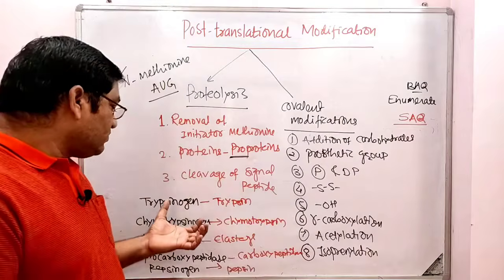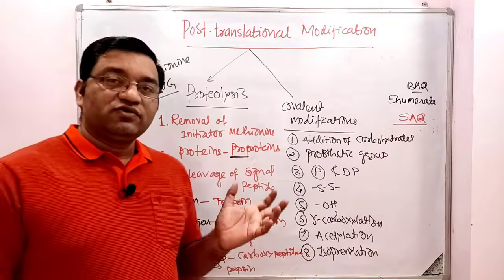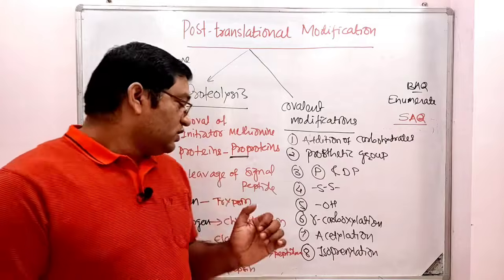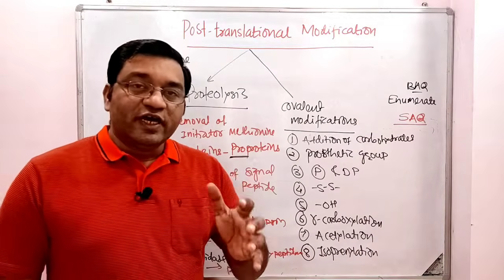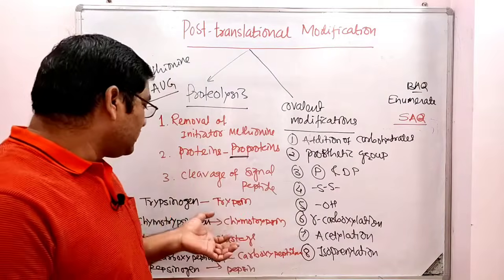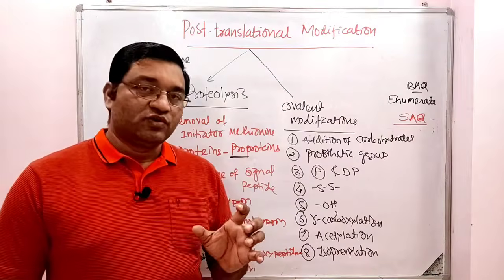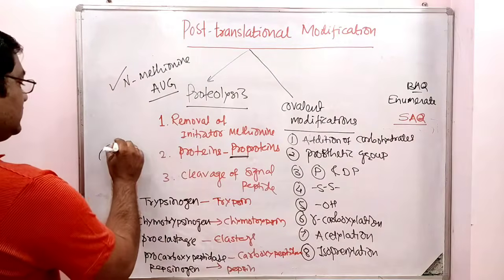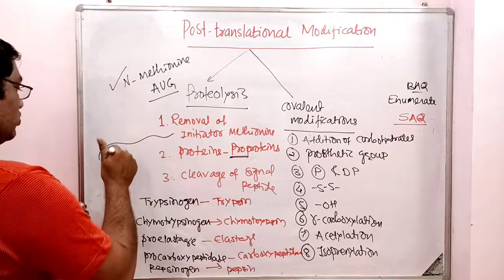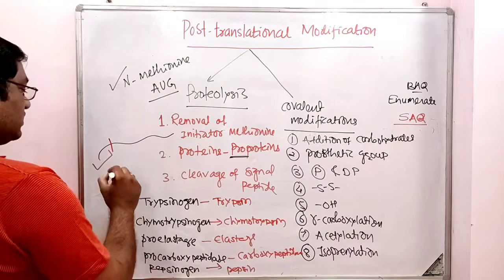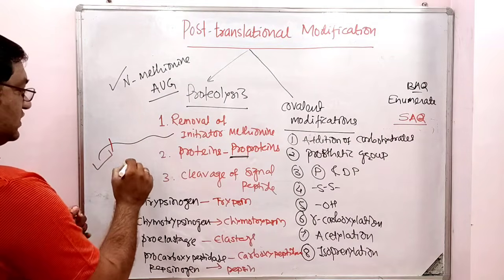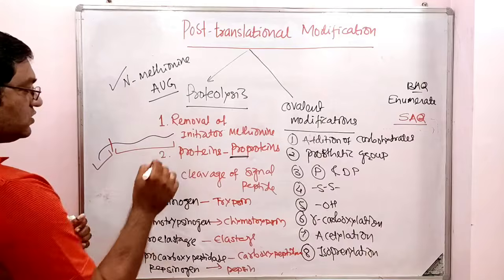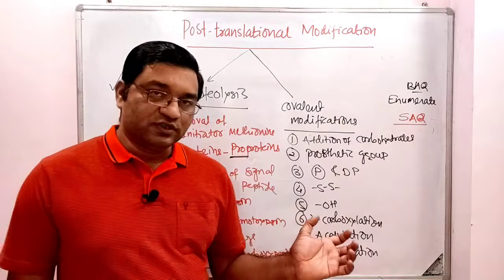Another example is clotting factors. Different clotting factors are activated by cleavage of small peptide. So suppose this is a polypeptide chain, and by removal of some peptide from it, the activation of protein occurs. This is known as activation of proteins.